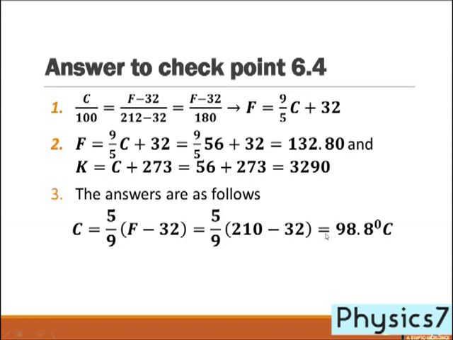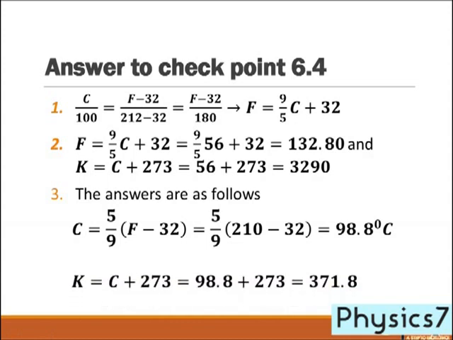So that will give us a value for the temperature in degrees Celsius as being equal to 98.8 degrees Celsius. And to determine the temperature in Kelvin, we just use the expression that temperature in Kelvin is equal to the temperature in Celsius plus 273.